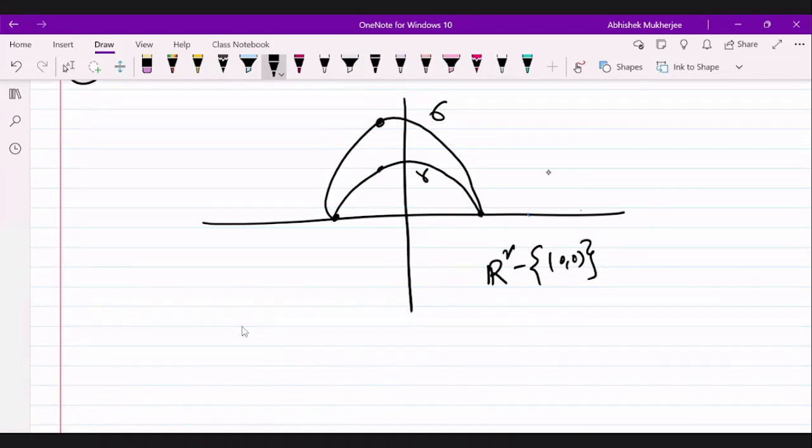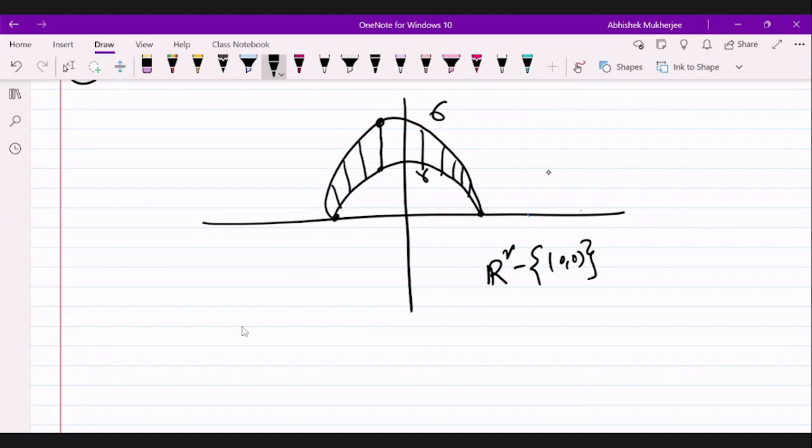You can draw the line segment connecting these two points, and you can do this all over.